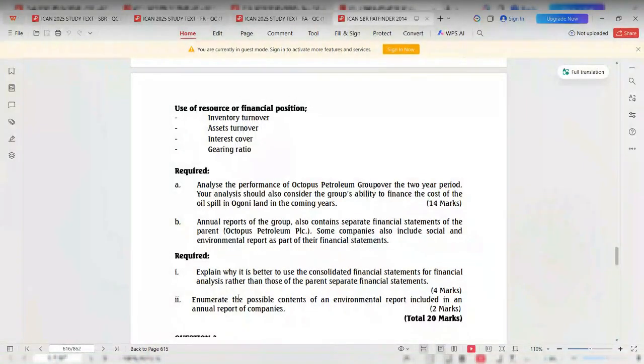Why can't we use the one for the parent alone? Why must we use consolidated financial statements for our analysis? Is anybody here? Are we still here? Yes. All right. Can anybody try?